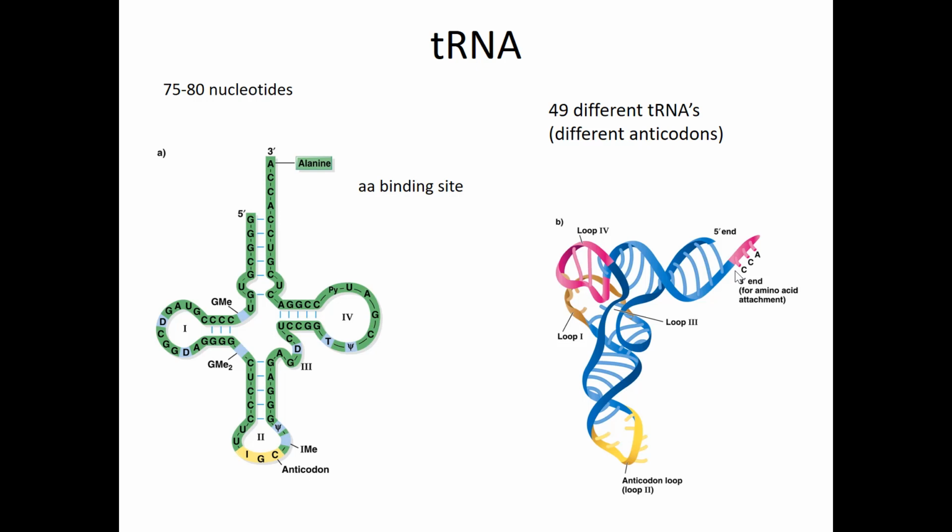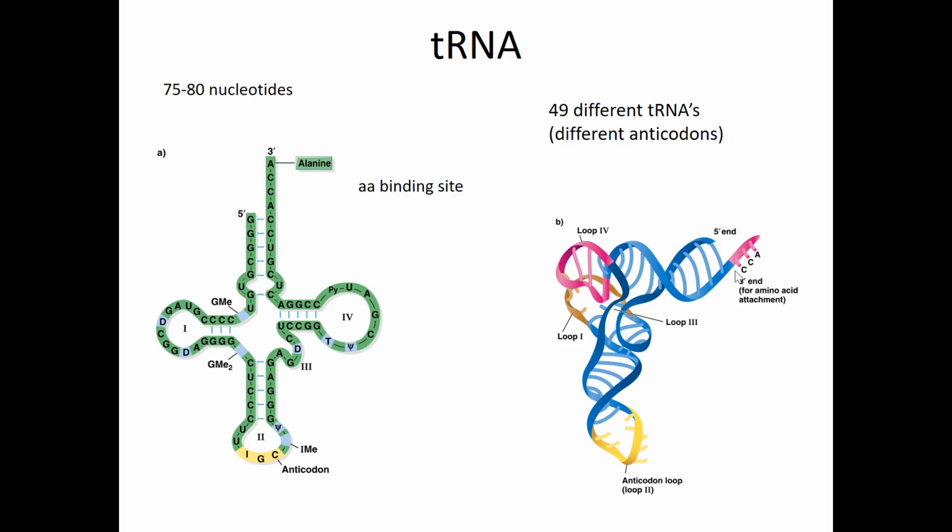And this is because, again, we have that wobble where that third base is not quite as important. It doesn't bind quite as tightly as the first two positions in the codon to the anticodon, and it actually allows us some flexibility in our different tRNAs.